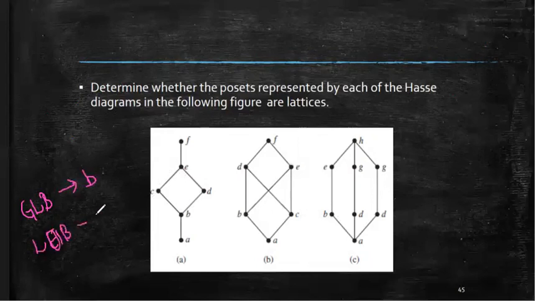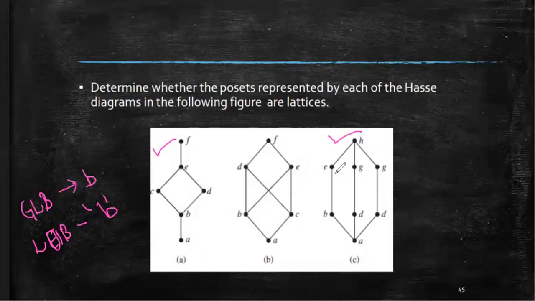It will again be B. So any two vertices you take in this scenario, it will have a GLB and LUB.